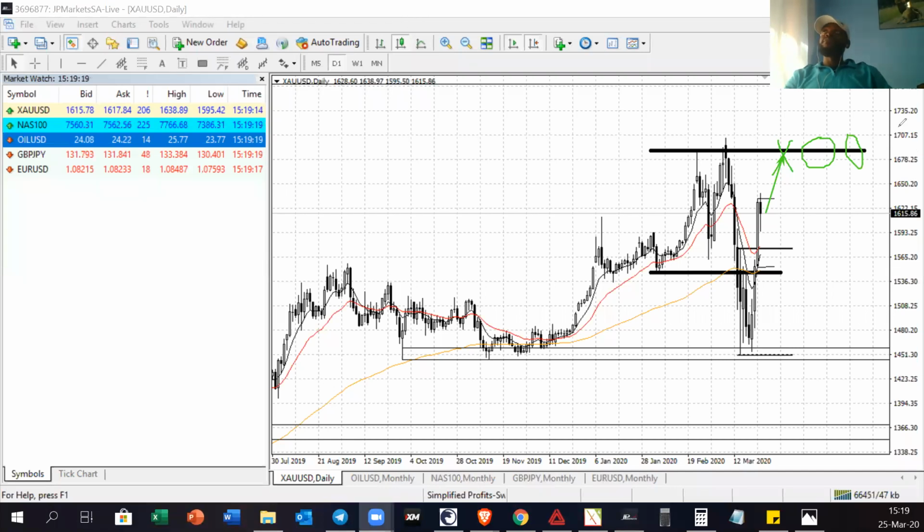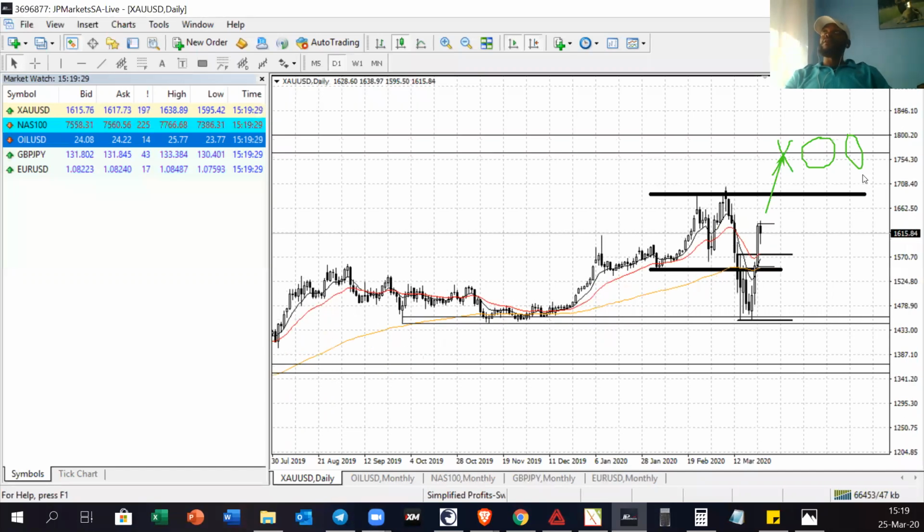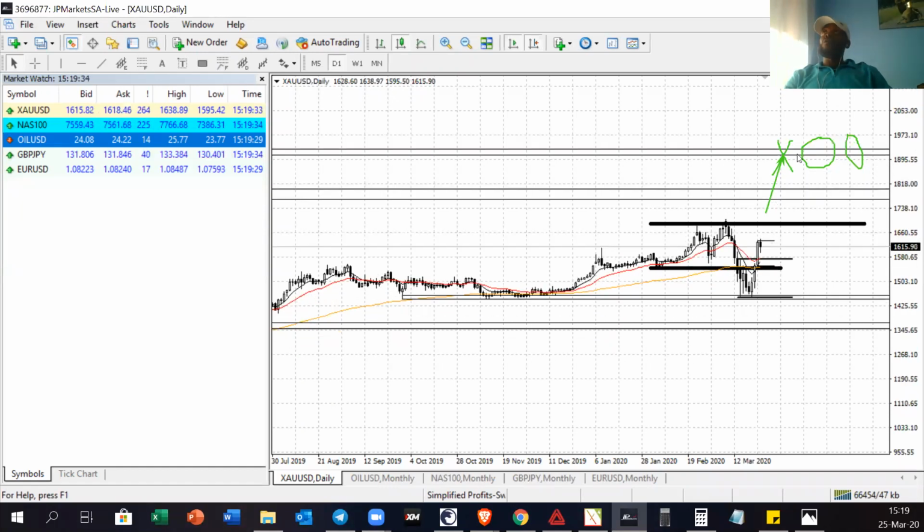Simple. Or you can simply trail your stop all the way until the level that we've identified, which is up here, 1,800 or 1,900, right?